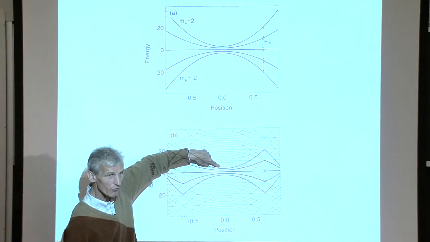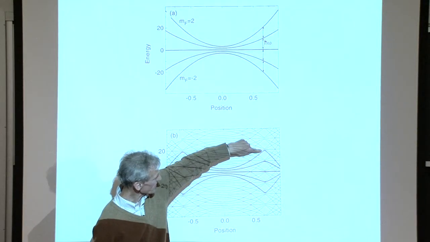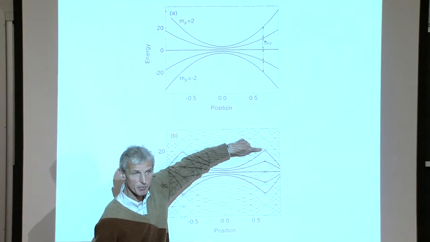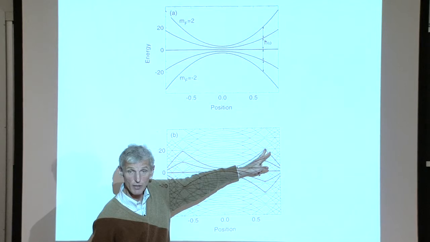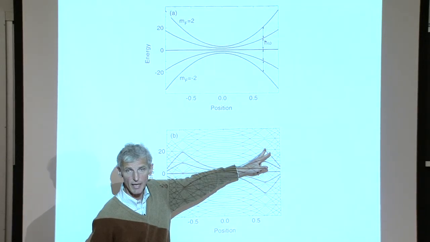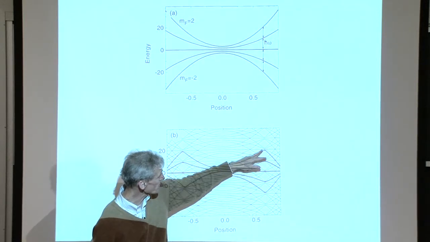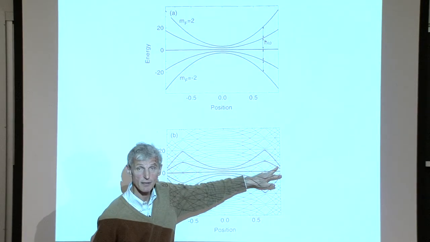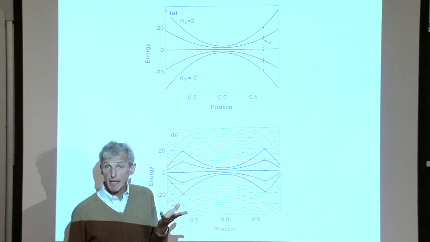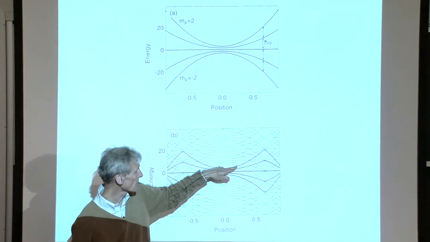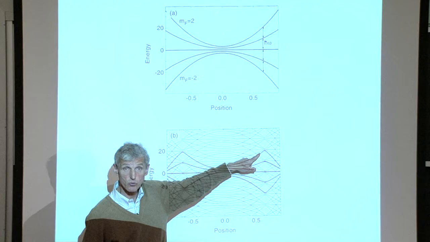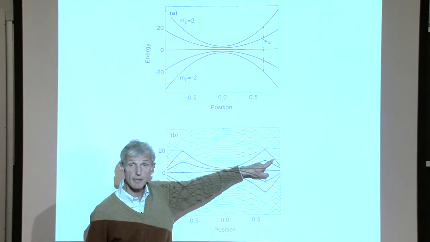When an atom in F equals 2 reaches this point, in the dressed atom picture, the point of evaporation, the point where the atom is in resonance with the RF, is the point where this potential bends down. The atom is adiabatically transferred in a dressed state from mF plus 2 to mF minus 2.